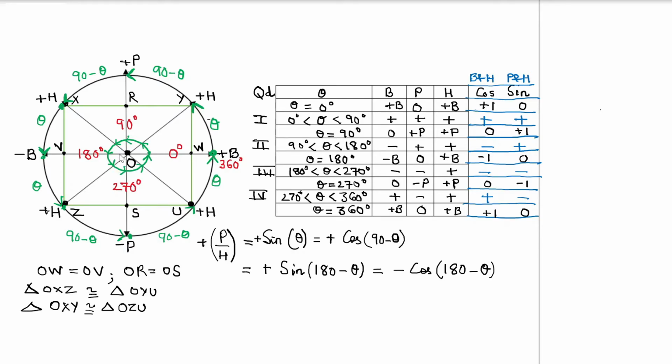So you would not refer to that triangle. Why can't we refer to that triangle? Because when you are talking about 180 minus theta, I am basically referring to which angle? I am referring to the angle WOH. So either I talk about the angle WOX, or we talk about the angle VOX.